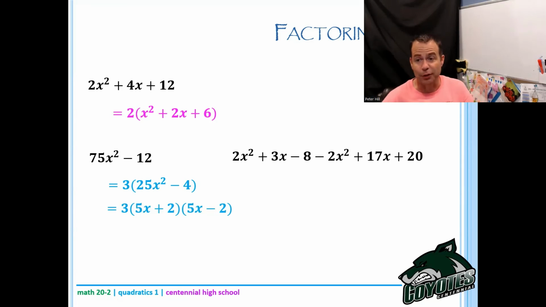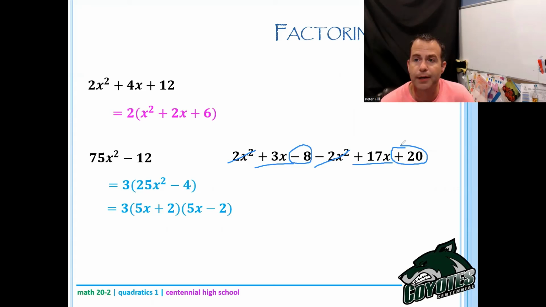Okay, last one looks super confusing, but it's just that we've got to clean it up first. And look at this, 2x squared minus 2x squared. That's going to give me 0, so that's actually gone. 3x plus 17x will give me 20x, and negative 8 plus 20 will give me 12.